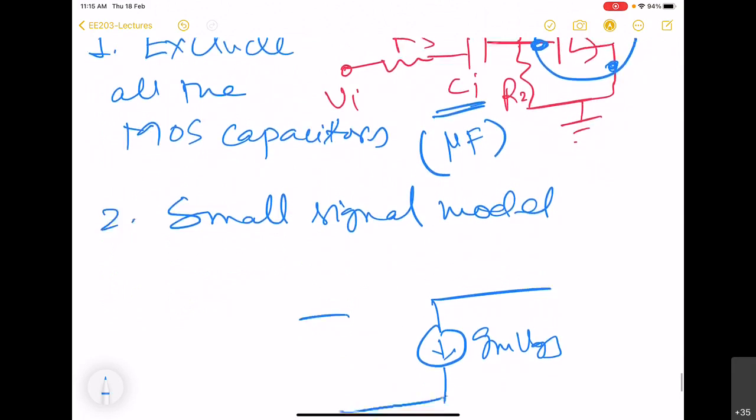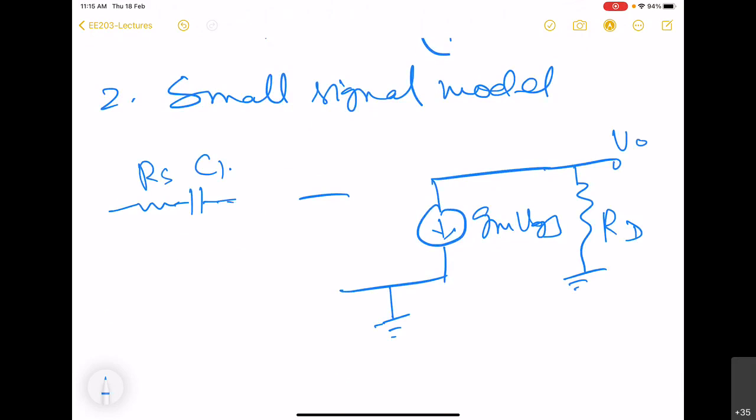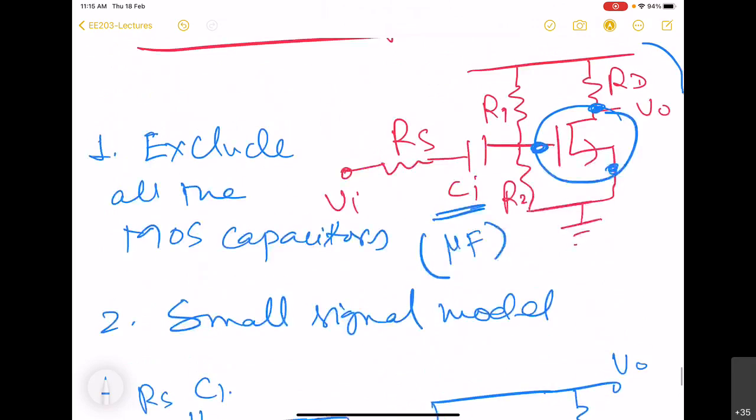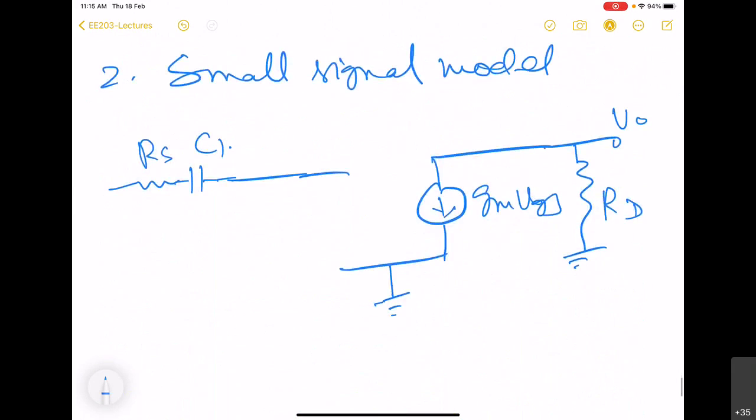So here we have RD on the drain side, and this is our output. Source is grounded, and on the input side we have RS, then capacitor CI, and then two resistors R1 and R2. So R2 is grounded here, R1 will also be AC grounded at the other end. So R1 and R2 will be basically in parallel.